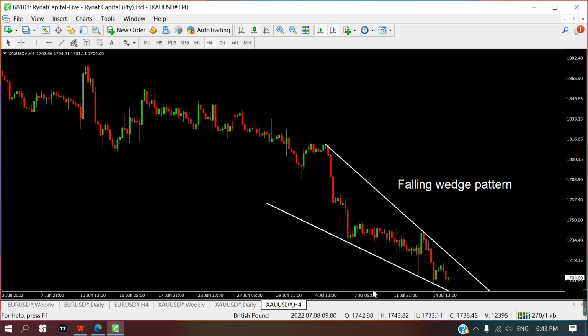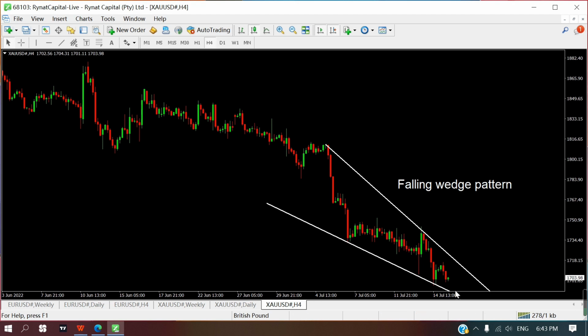So now let's go to the 4-hour chart to check where the price may go. Let's see. The price is in a falling wedge pattern, right? As we said today about how to trade with chart patterns, if the price breaks downward through the pattern, then it's a continuation pattern, right? So the price may continue to go down.